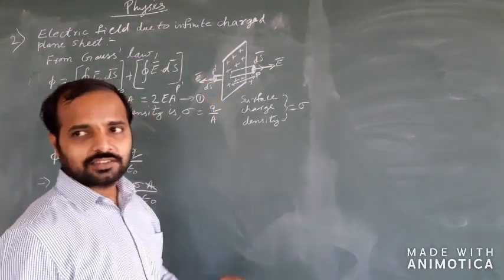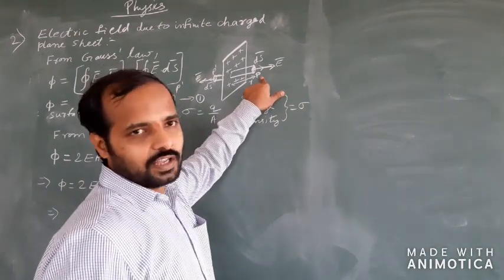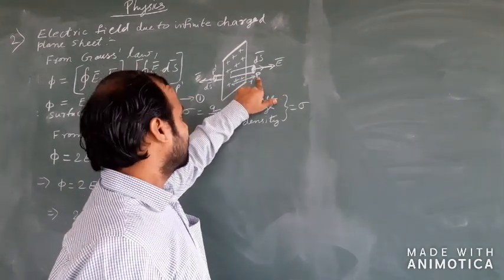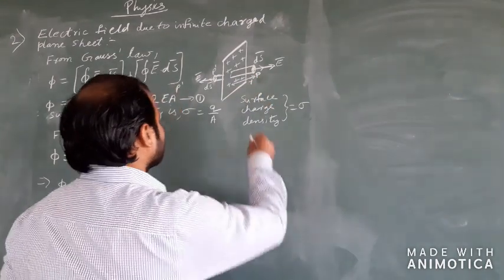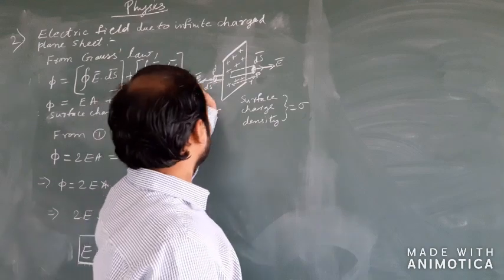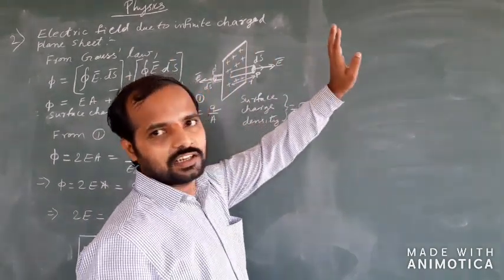Now to apply the Gauss theorem, firstly we need some point P at which we have to find the field. So at point P, if we have to find the electric field, then what we are going to do is take a small pillbox which goes from one side of the conducting sheet to the other side of the conducting sheet.